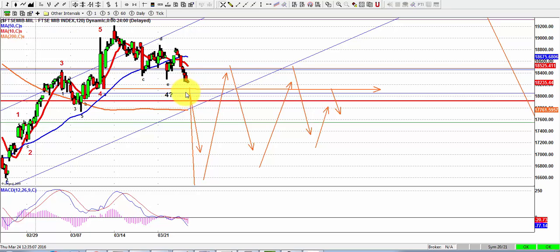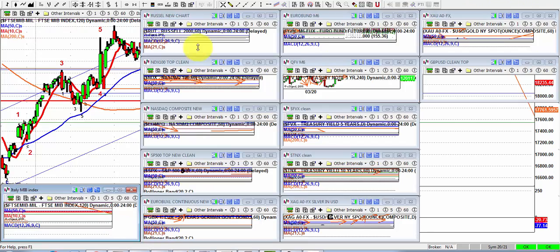Although technically, the pure technical approach would say it's not dead, the fourth wave is still possible. But as I said to you, the momentum and the situation in other indices is strongly arguing to be very cautious with any longs.